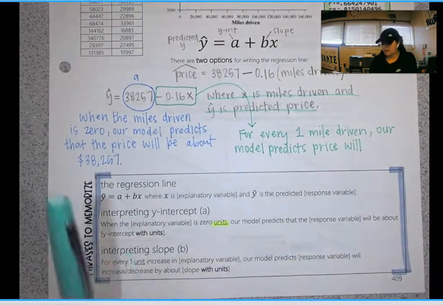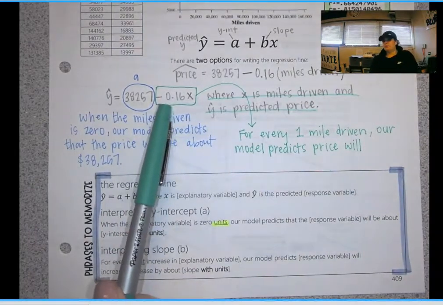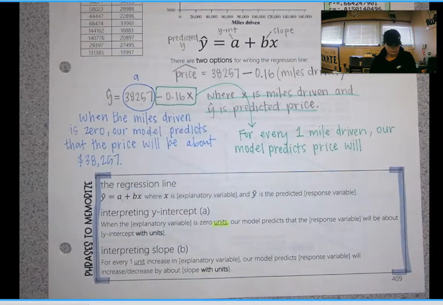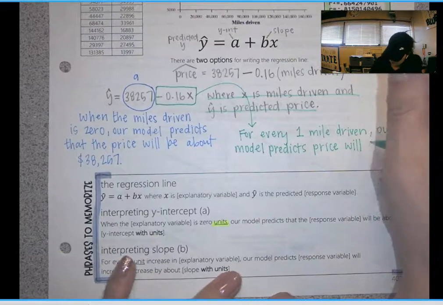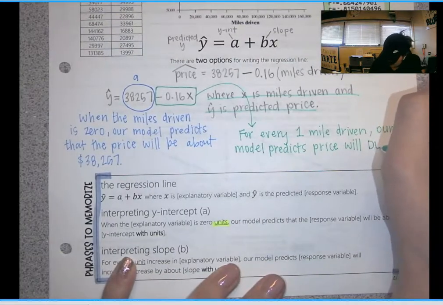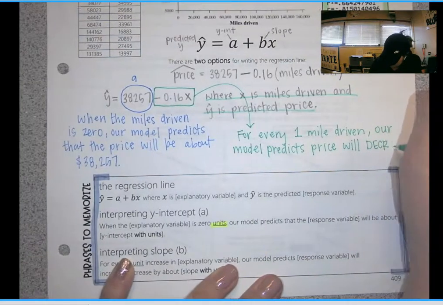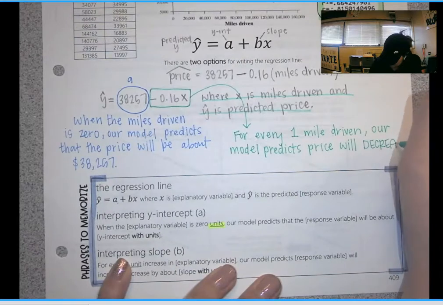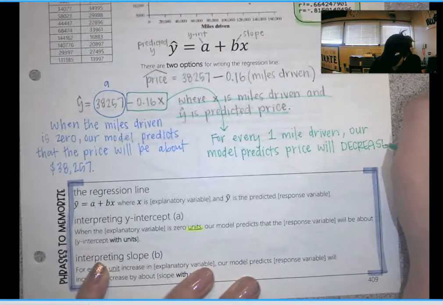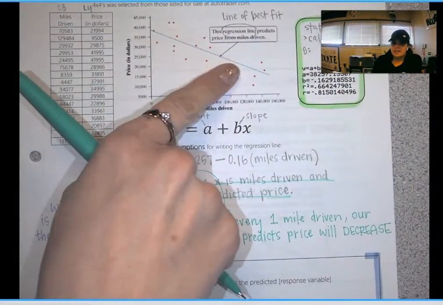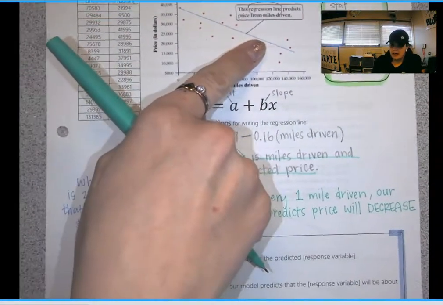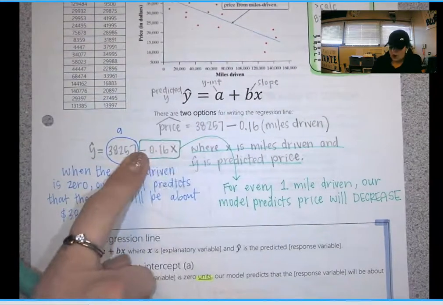and now you guys decide based off of the value of our slope if it's going to increase or decrease. So hopefully you're talking to your screen and saying decrease. We can see, 1, that it's a negative relationship in the scatter plot, but 2, our slope is negative.